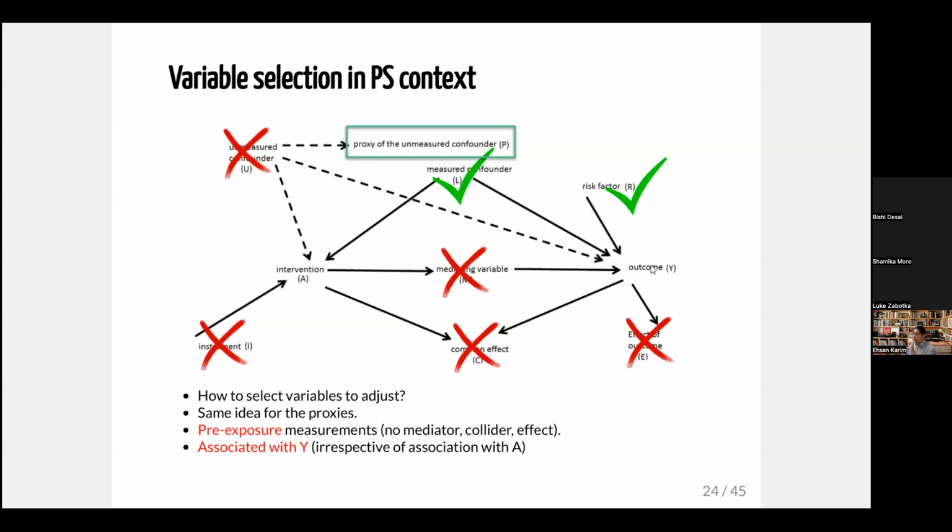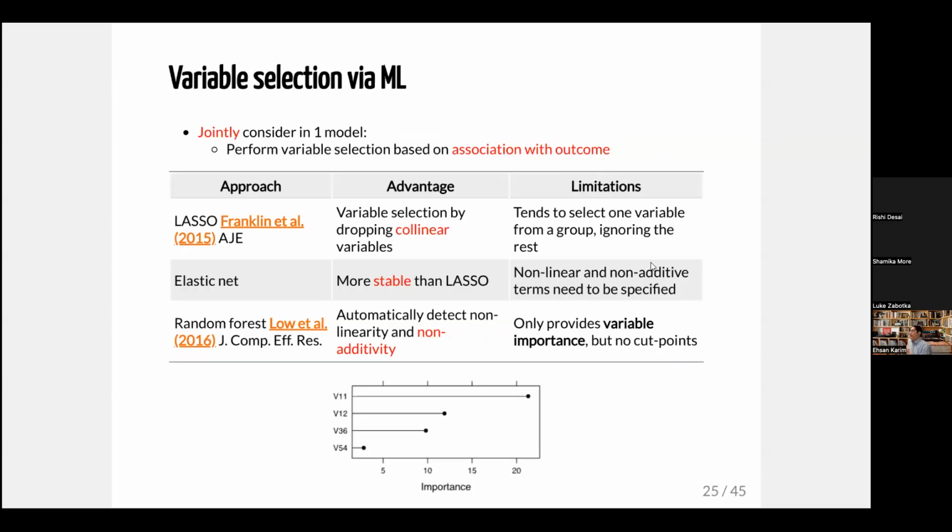Even though we do not know the interpretation, just by finding out the variables that are associated with the outcome, that might do the trick. All right, so in the machine learning literature, there are many algorithms that are helpful in selecting variables that are associated with the outcomes.